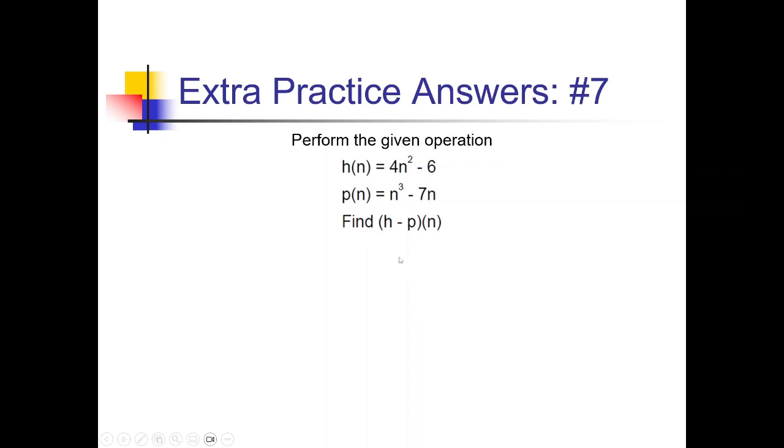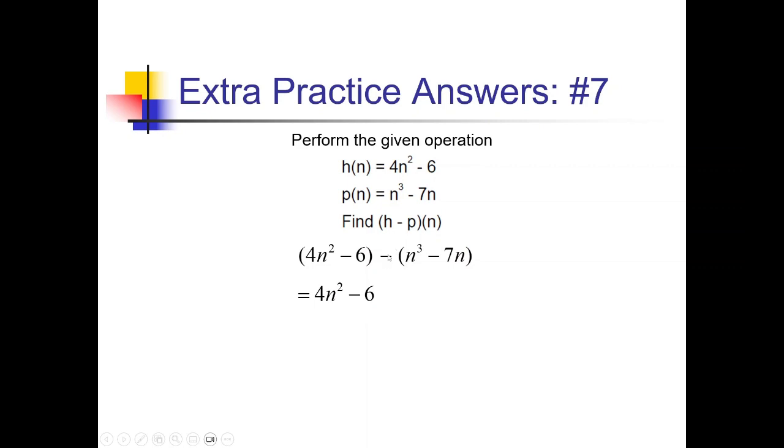For number 7, we're just doing h minus p of n. Since we just have the original variable plugged in there, we're essentially just taking h and subtracting p from it. So 4n squared minus 6 minus, and I'll use a parentheses for this, n cubed minus 7n. So let me pop that first parentheses because I don't really need it.